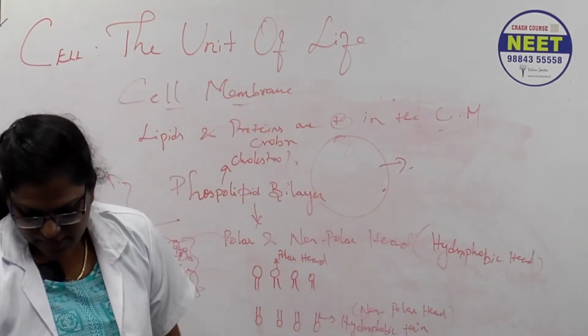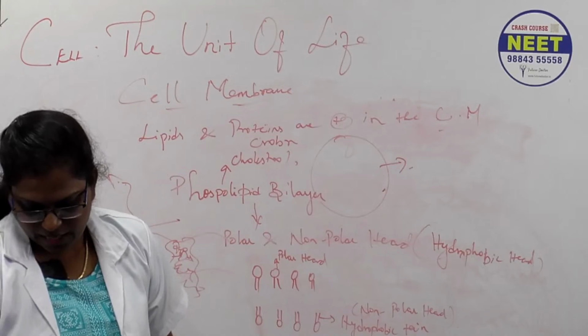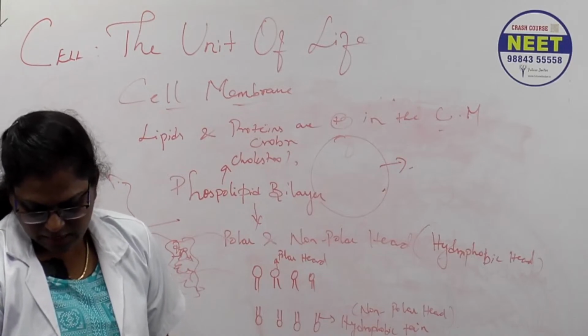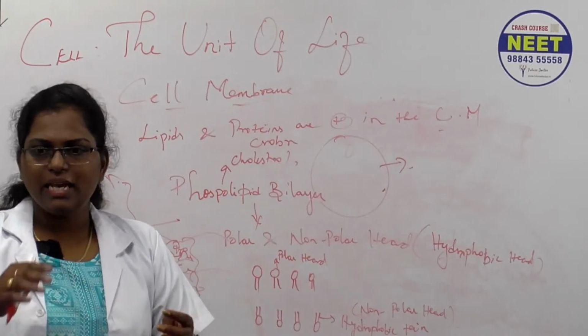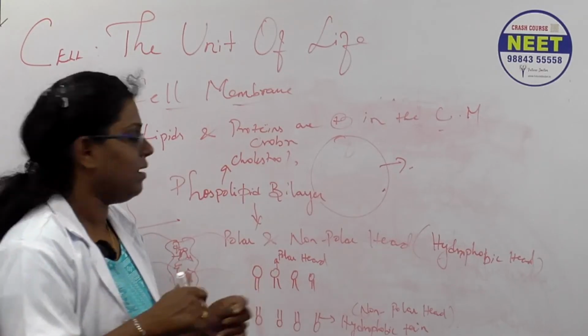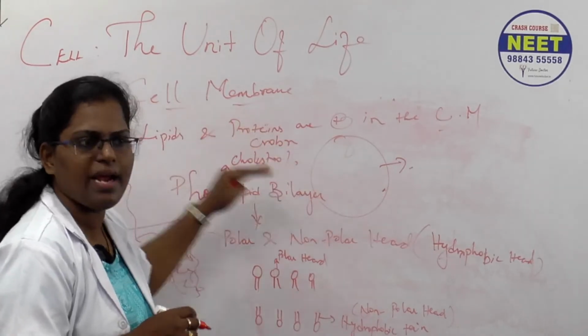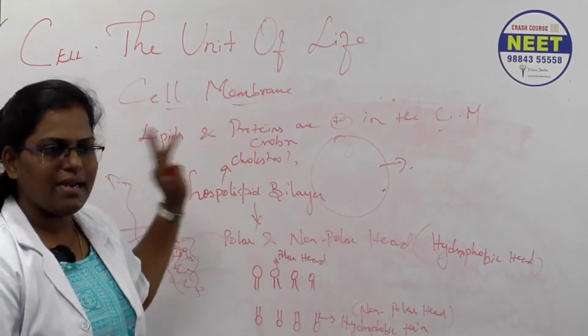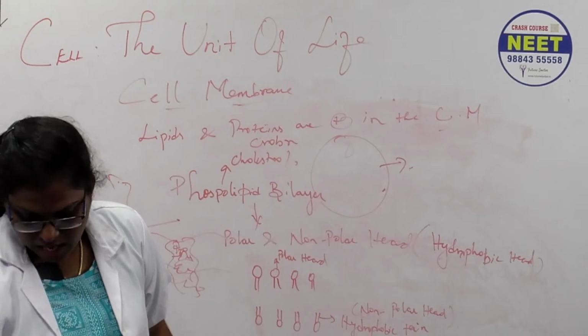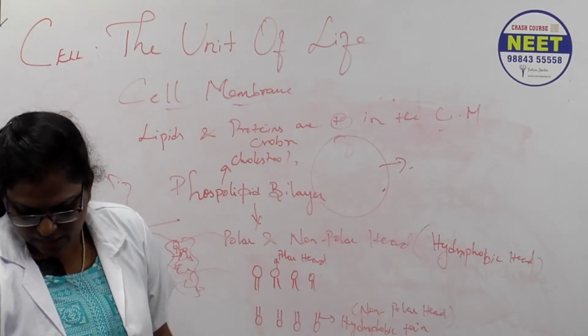After that, the ratio of protein and lipid varies considerably in different cell types. Different cell types contain different proteins, carbohydrates and lipids, because in total we can see 100%.